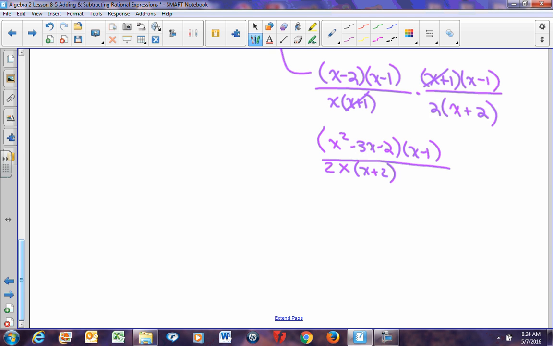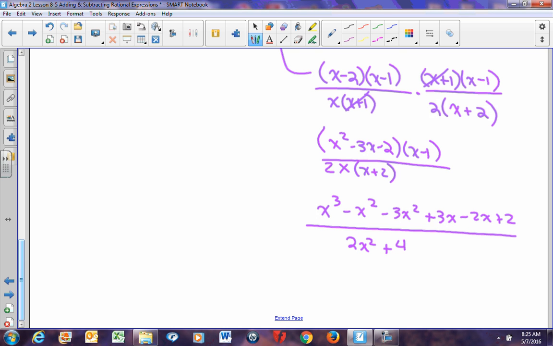Okay, so now it's one part, multiplying it together. If we multiply it all together at the top, we're going to get x to the third minus x squared minus 2x squared plus 2x minus x plus 2 all over 2x squared plus 4x.